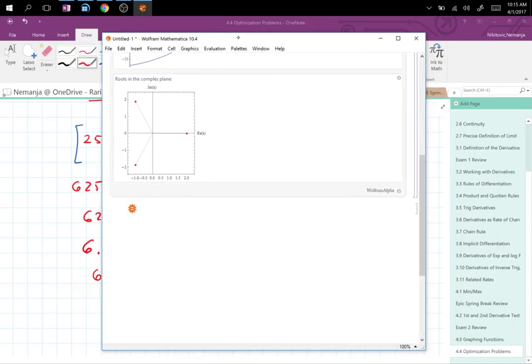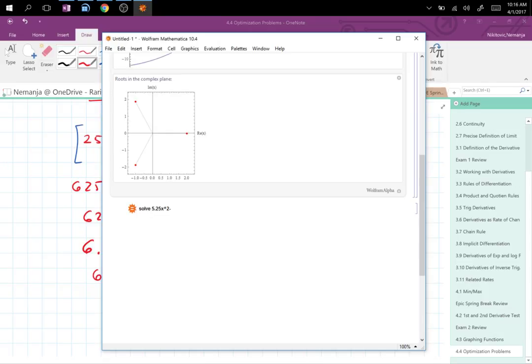So 525. We go again with Solve 5.25 x squared. What is the rest? Minus what?